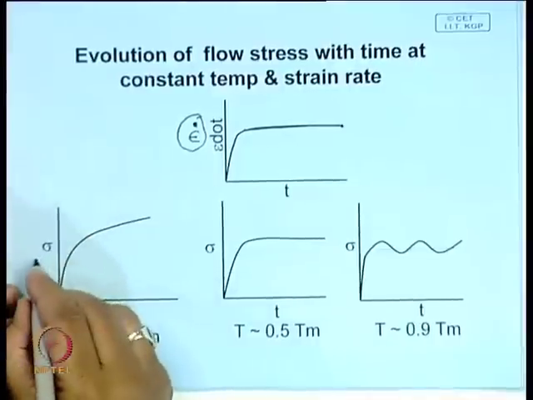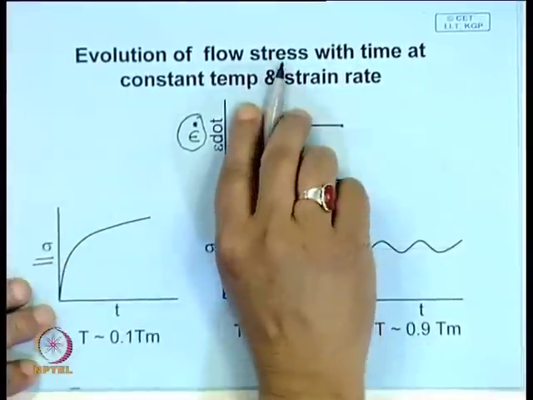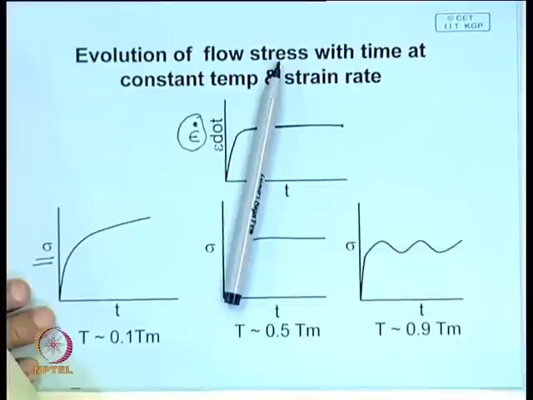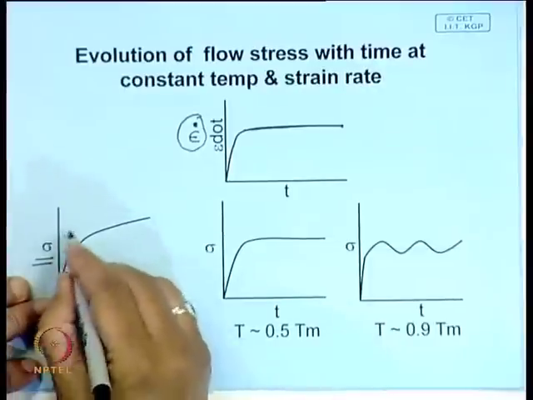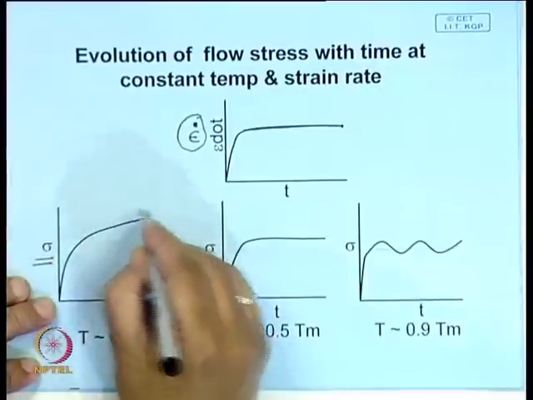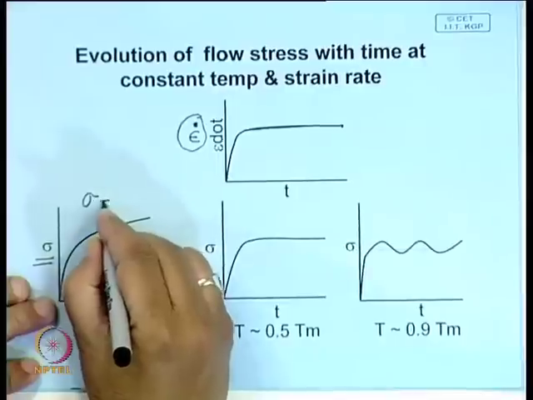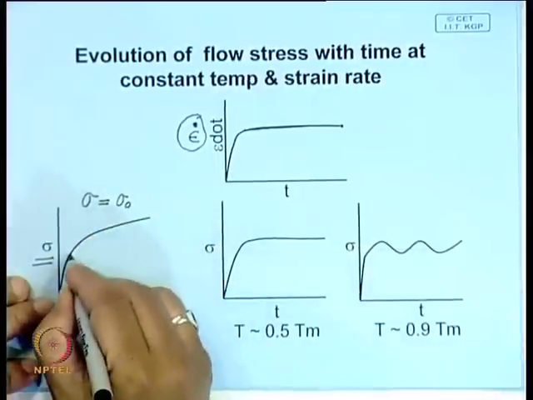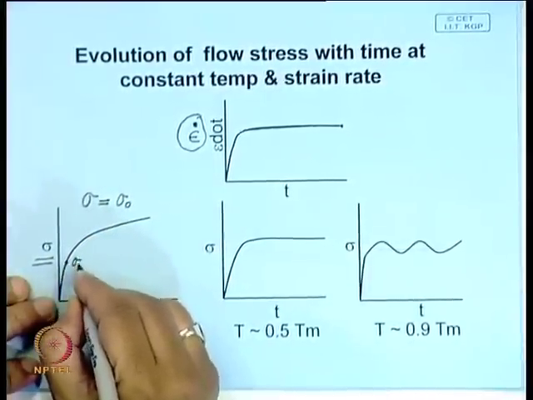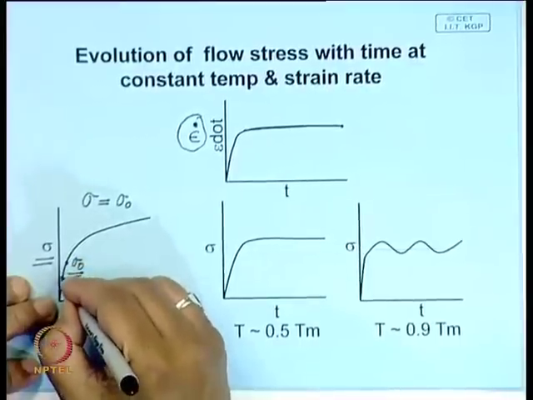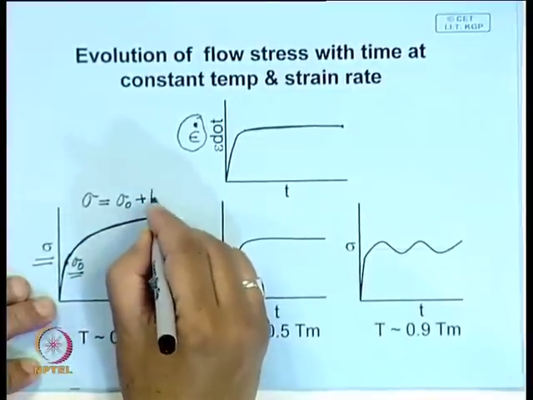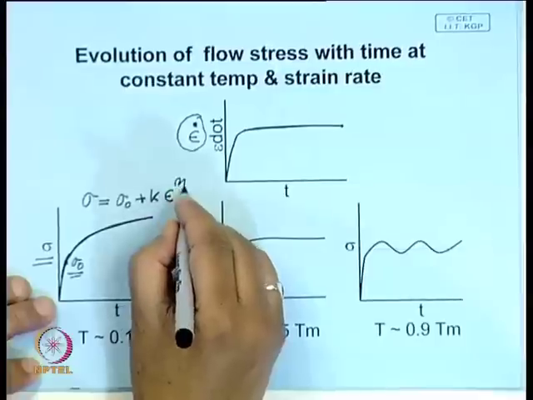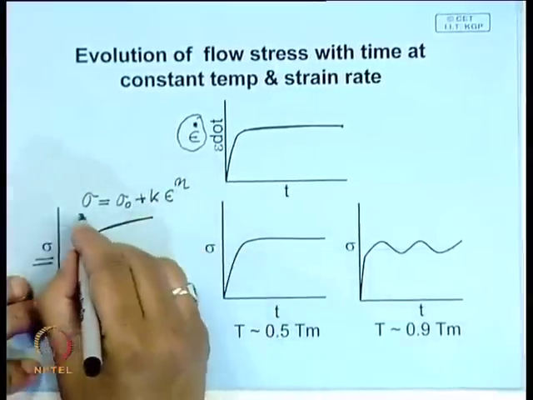In this particular case, the material strain hardens, it goes like this. This strain hardening can be written as follows: sigma 0 is the yield stress, beyond which there is significant plastic deformation, and after this the plastic strain can be written as k epsilon to the power n.